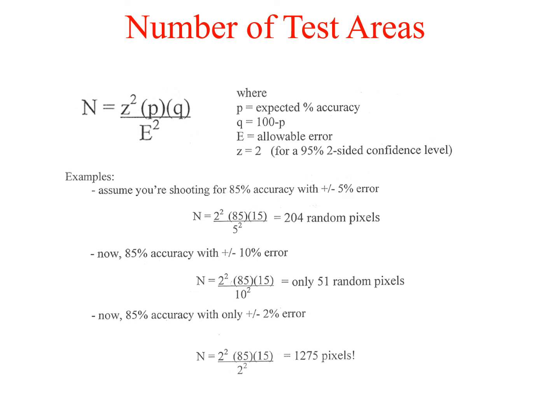Now, if I demand 85% accuracy, or I expect 85% accuracy, plus or minus only 2% error, I need 1,275 pixels. And that's, in most cases, just not going to be possible.